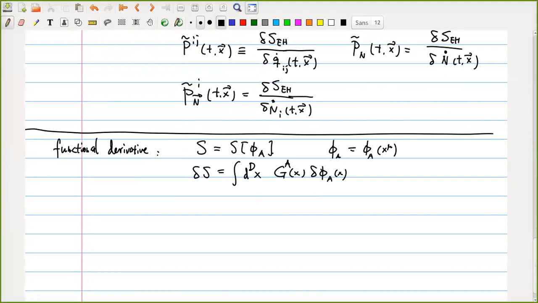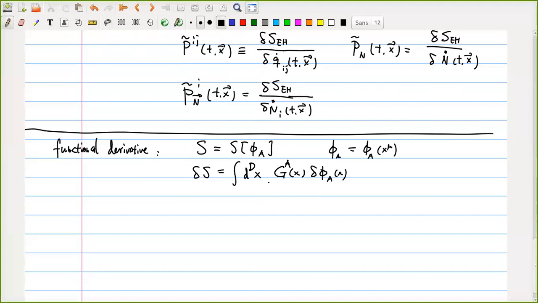For any action and any variation, you can always write the variation of the action in this form, which is linear in delta phi_A, with some quantity in front of delta phi_A, inside the integral, and your equation of motion is just g_A(x) equals 0.